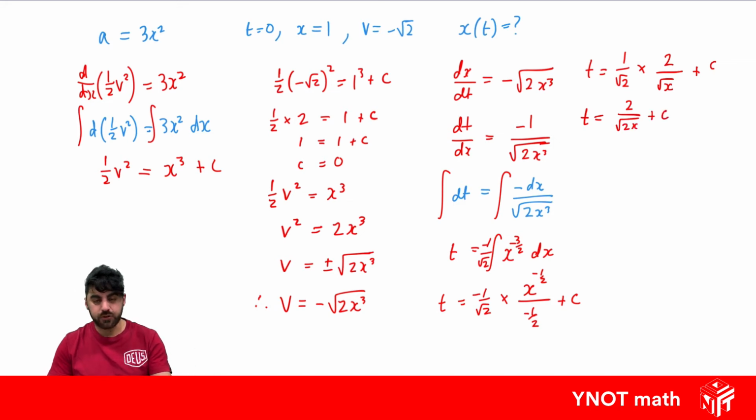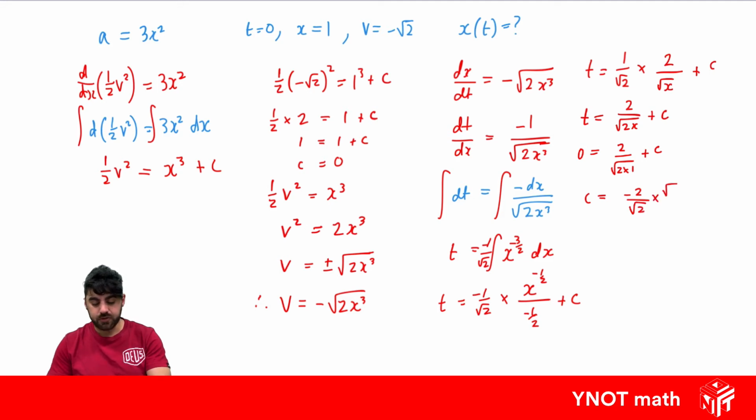And we can use our initial conditions to figure out the value of that constant. We know when t is 0, x is equal to 1. So we get 2 on root 2 times 1 plus a constant. So c must equal minus 2 on root 2.